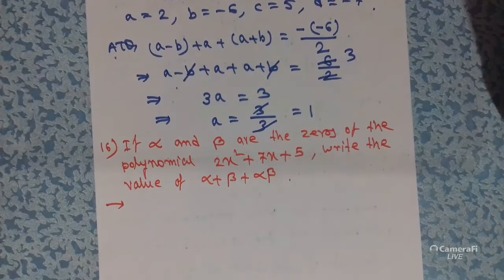So students, it is given that alpha and beta are the zeros of the given polynomial.